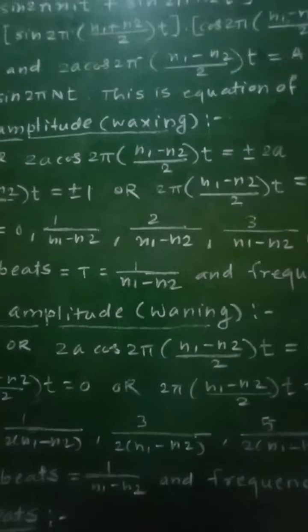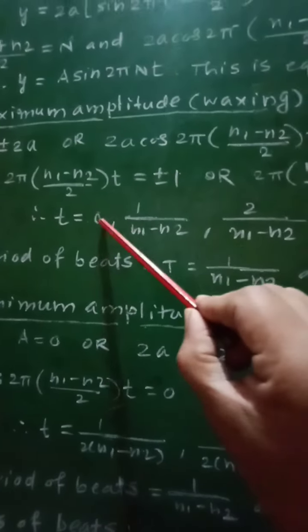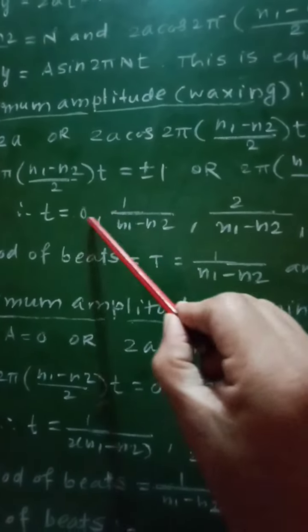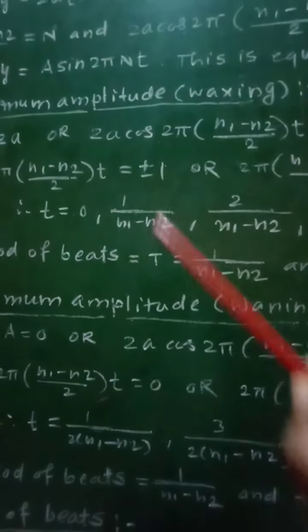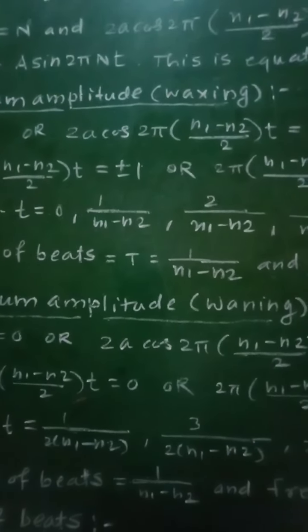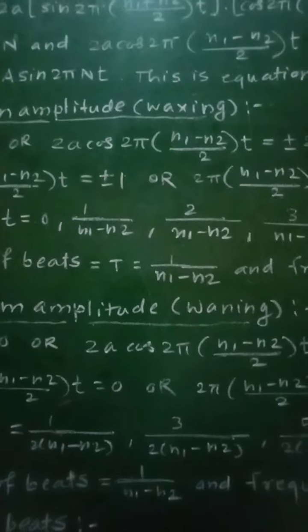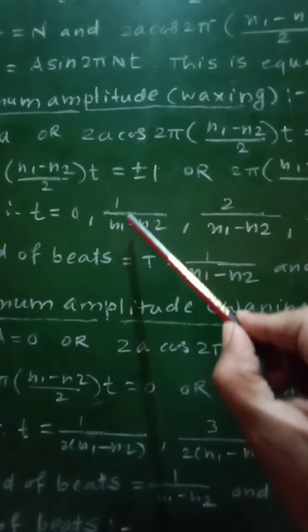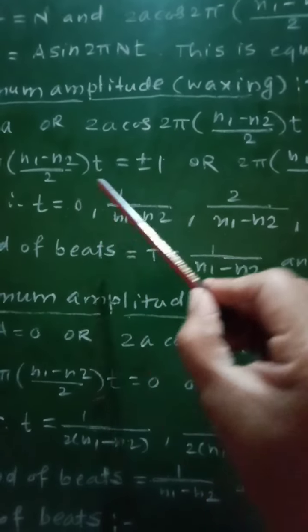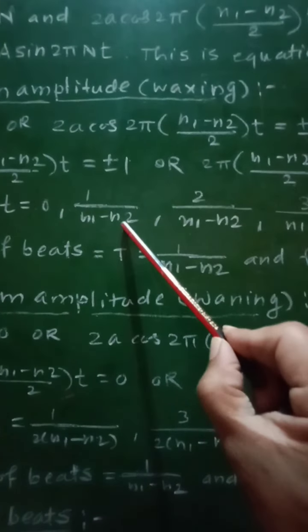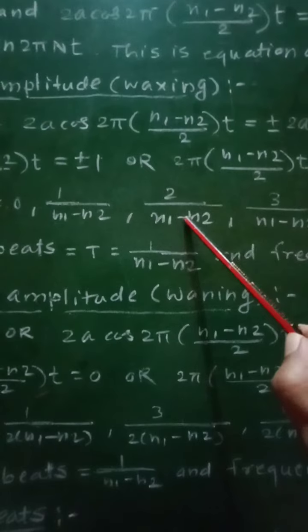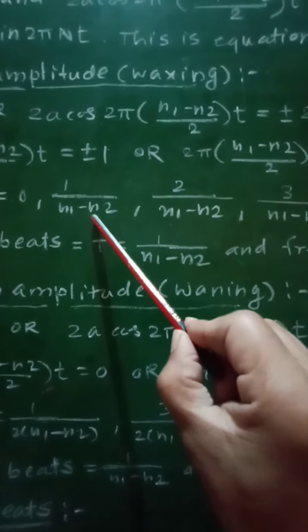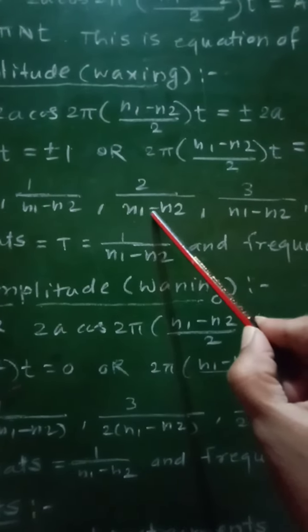And if we find the time interval between two successive time intervals, we get 1 upon n1 minus n2 minus 0, that is equal to 1 upon n1 minus n2. Similarly 2 upon n1 minus n2 minus 1 upon n1 minus n2 is 1 upon n1 minus n2.